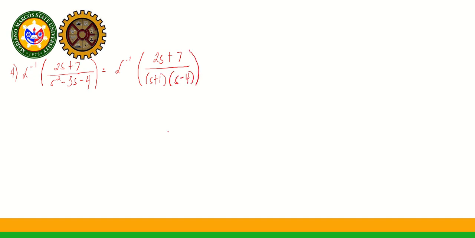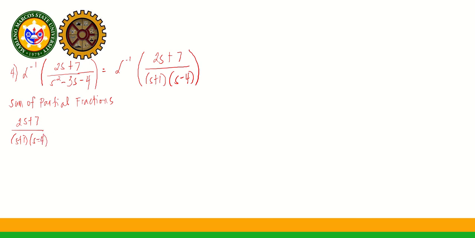Okay, so from here, pwede nating i-apply yung sum of partial fractions. So, naaral nyo to or pag-aralan nyo to when you took differential equations. So, hindi kayo mahihirapan dito. So, we have 2s plus 7 over s plus 1 times s minus 4.